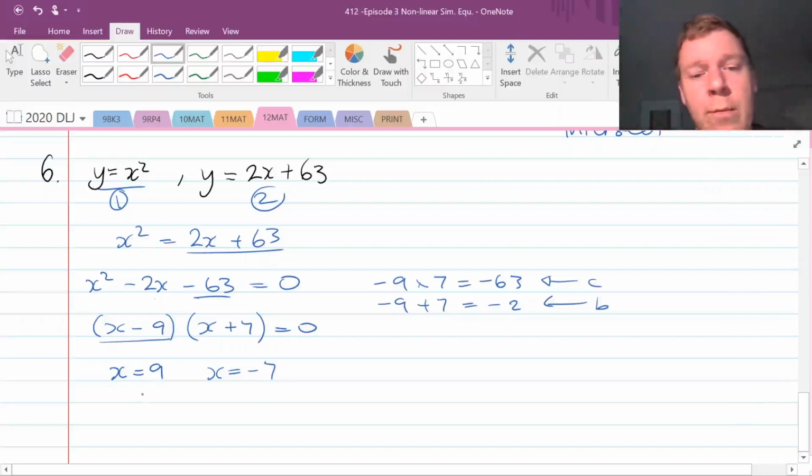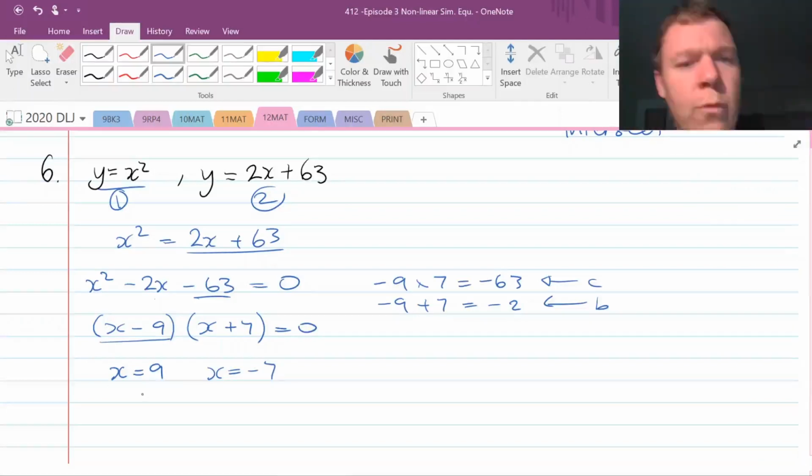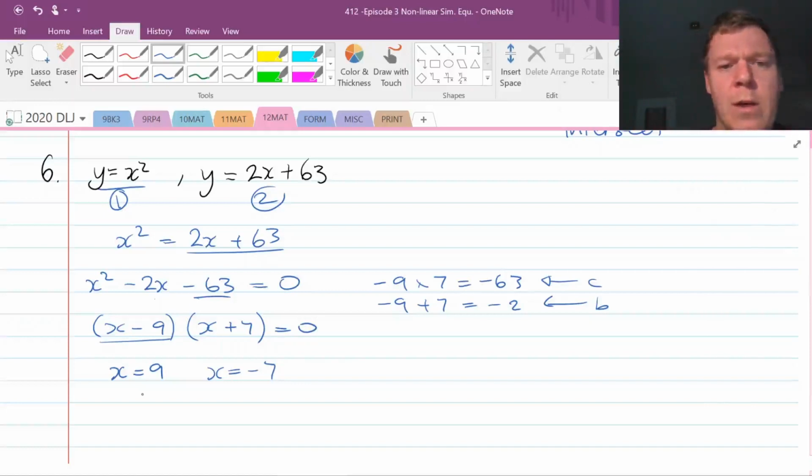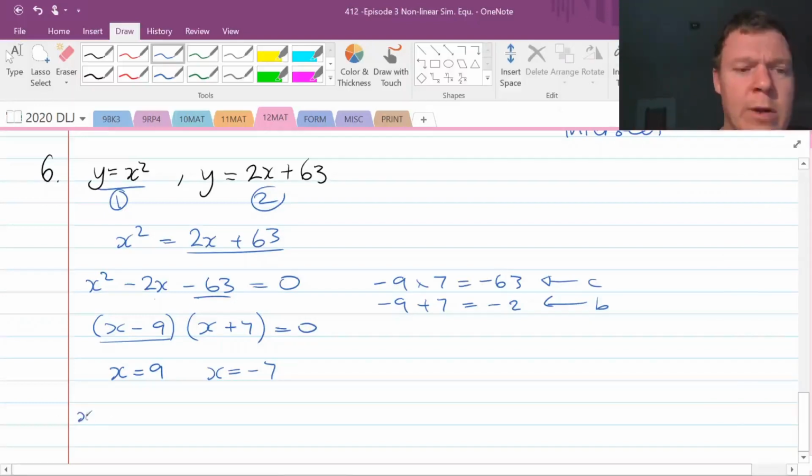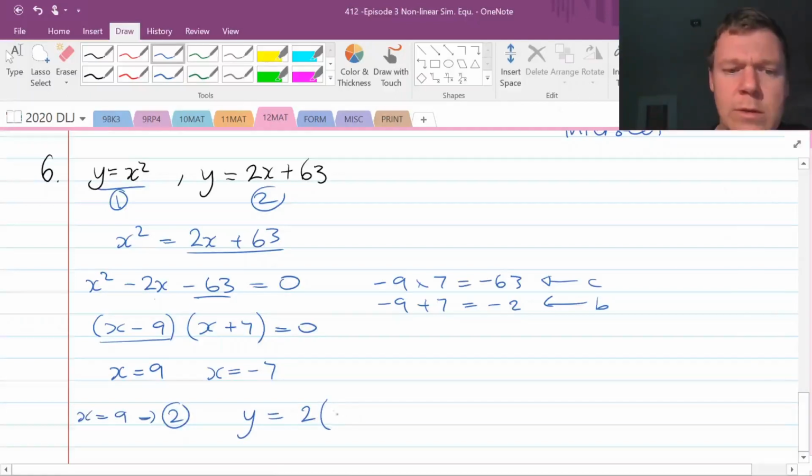Seeing as we've got nice whole numbers, we didn't have to use the quadratic formula, so we saved ourselves a bit of time. If we put x equals 9 into equation 2, we can find the y value. So y equals 2 times 9 plus 63.